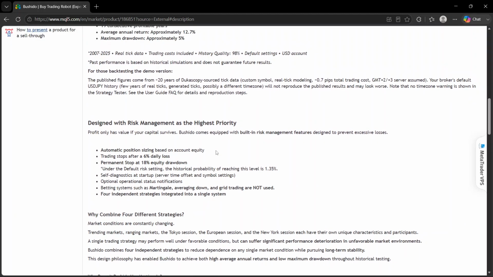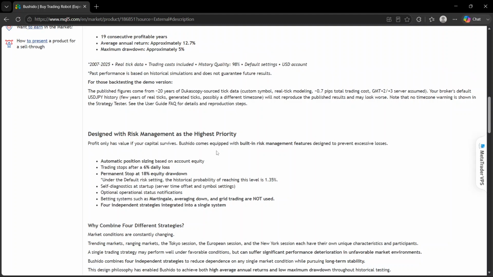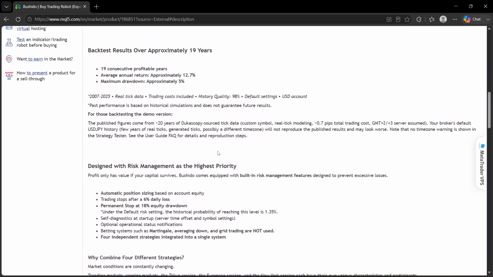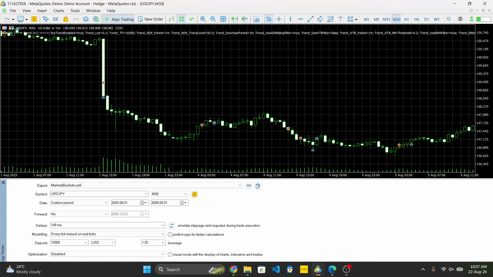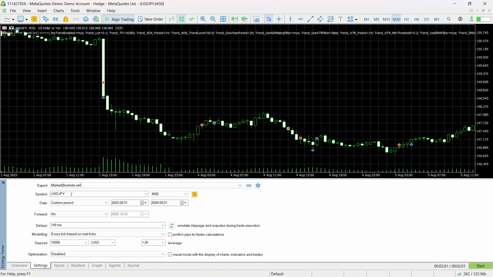But let's look at what actually showed up when I ran it myself. I ran it on the USD Japanese yen as suggested, on the M30 time frame with every tick based on real tick model.